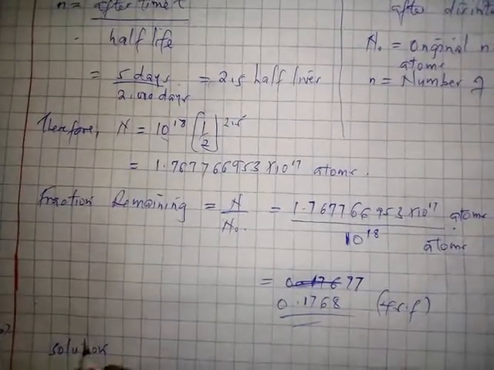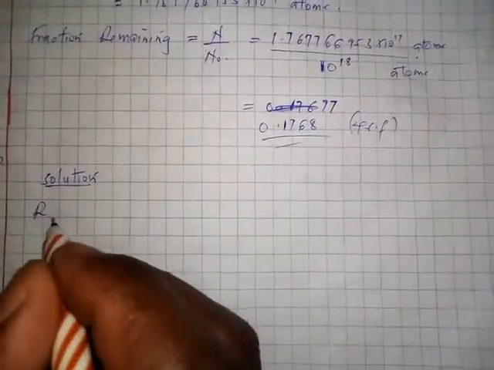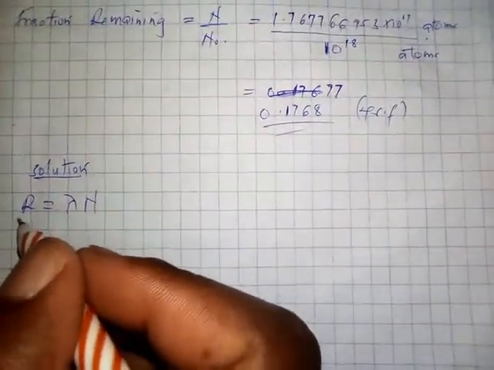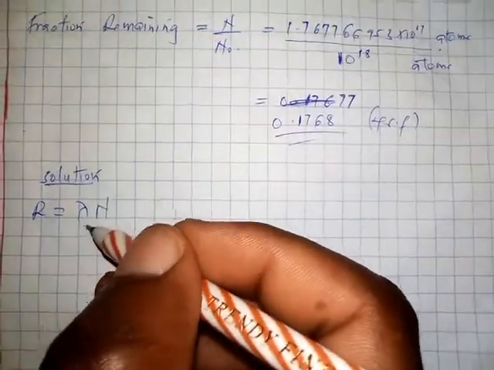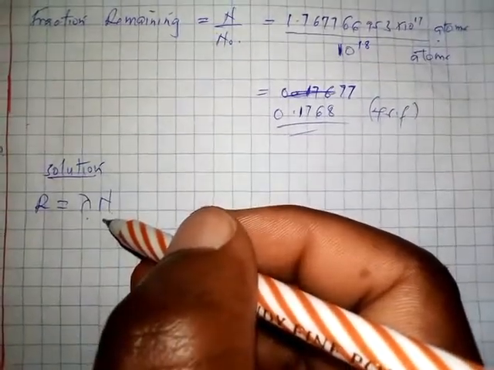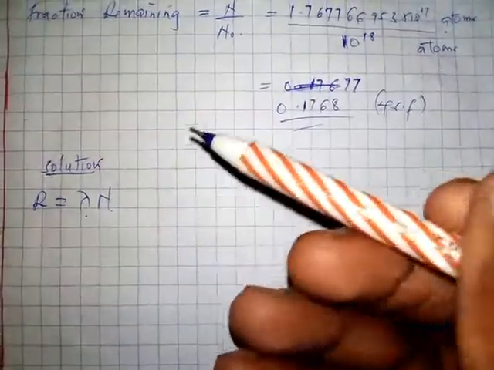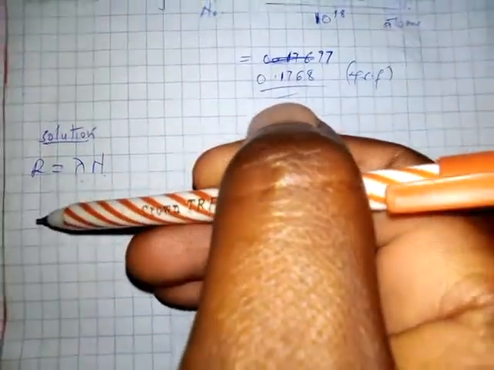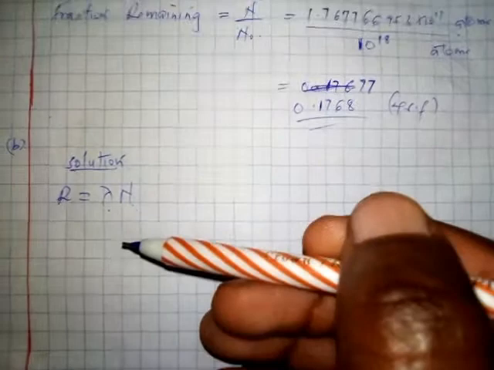Solution: R is equals to lambda N. R is the rate of activity, lambda is the decay constant, and N is the number of atoms, in this case the number of atoms after disintegration, or we can say the radioactive material remaining after disintegration.